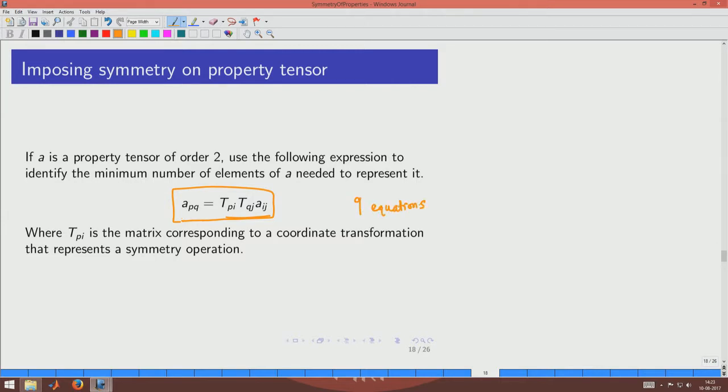Okay. Now, these 9 equations will help us reduce the quantities, because these equations will tell us how many of the elements of A can get knocked off because there are zeros, and how many of them actually become equal to each other. So, these 9 equations are going to help us reduce the number of elements of A using the symmetry principle. Now, T should be a transformation of the coordinate axis which is allowed as per the symmetry, which means that if you have a cubic crystal, we must have the transformation matrix T correspond to one of the symmetry elements of the 4-fold symmetric crystal, which means a 90 degree rotation, 180 degree rotation, or 270 degree rotation, and so on.